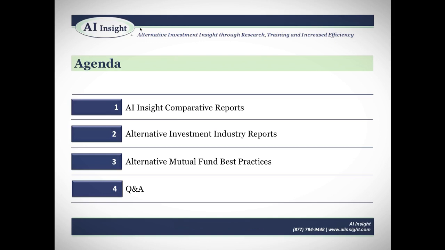Then you will see how our industry reports are useful to you from an efficiency standpoint when you conduct your ongoing monitoring regulatory requirements for alternative investments to help you search and sort programs, as well as quickly analyze what is happening in each industry compared to those in your book of business. Finally, we're going to wrap up the call with how advisors are establishing best practices around alternative mutual funds.